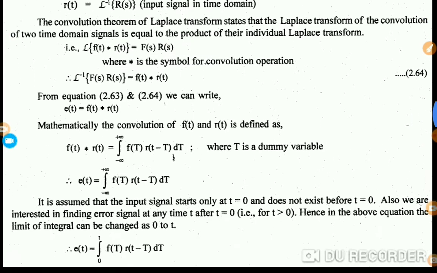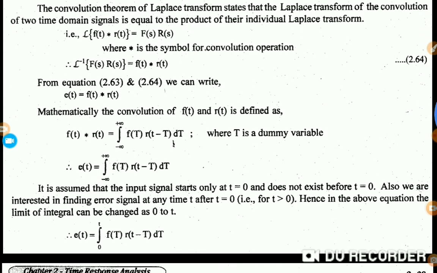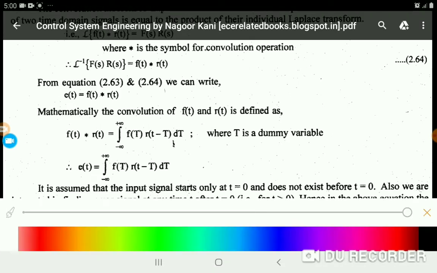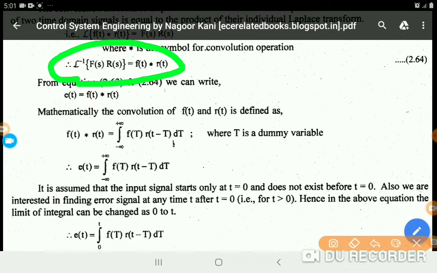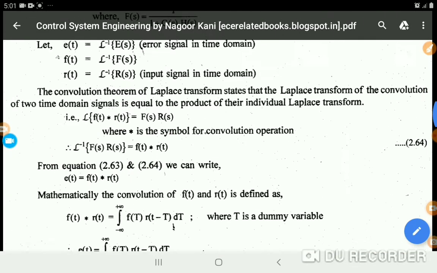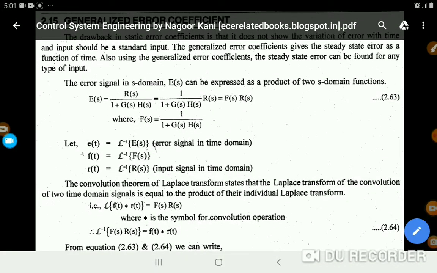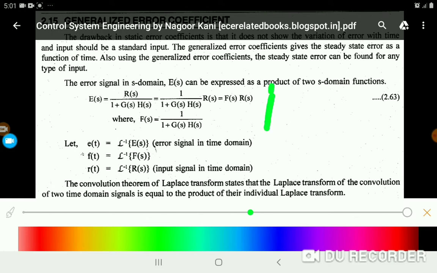According to this convolution theorem, we may rewrite the expressions as Laplace inverse of f of s R of s equal to f of t star R of t. If so, we have E of s equal to f of s R of s here in this equation.